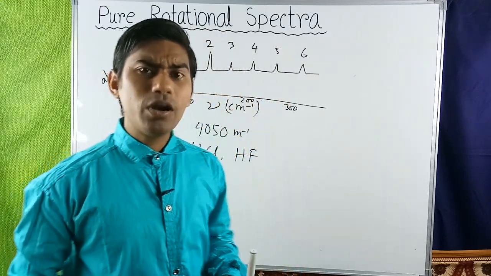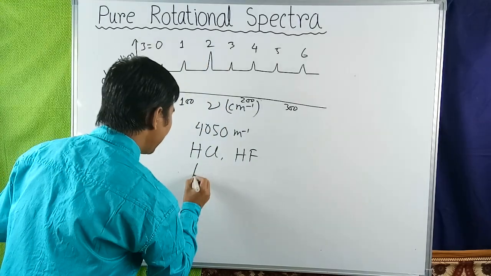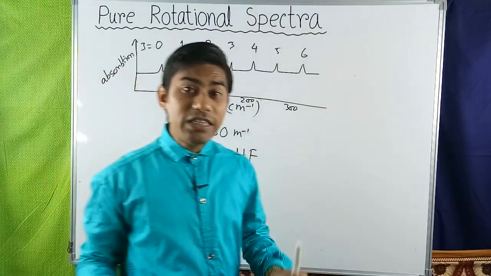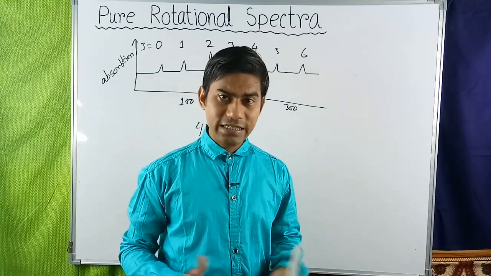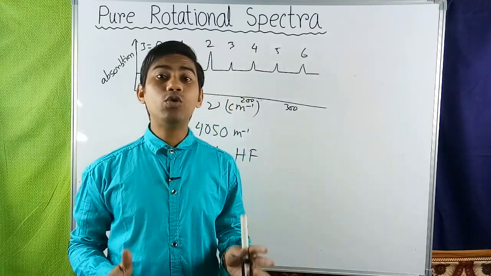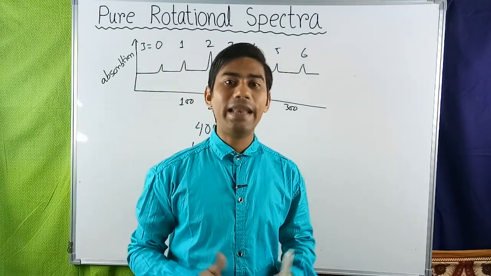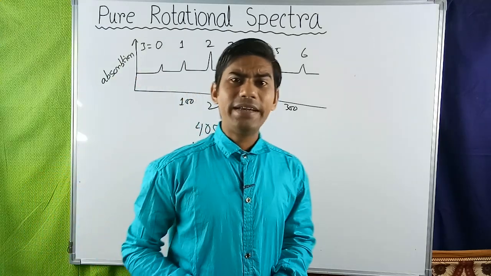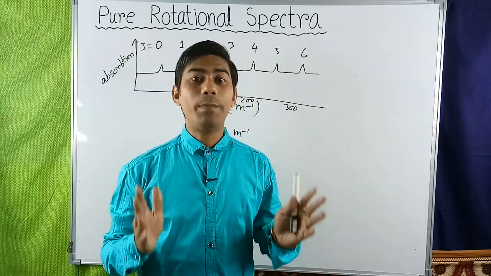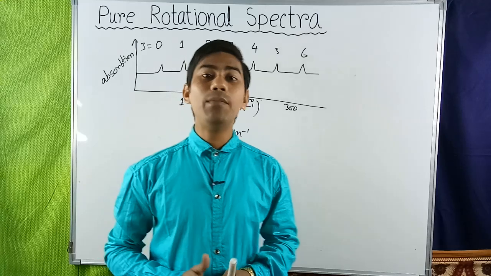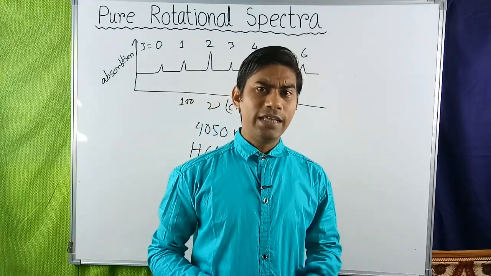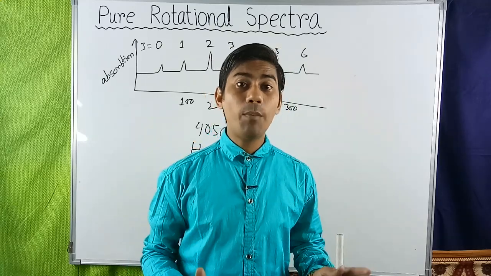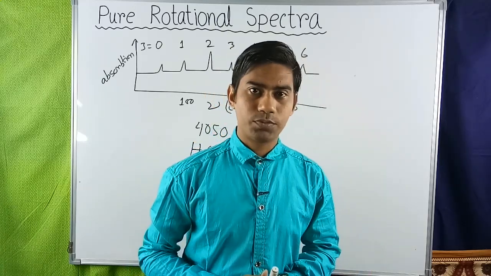In non-polar molecules like nitrogen, oxygen, etc., the centers of positive and negative charges are coincident, so they do not possess any permanent electric dipole moment. According to the electromagnetic theory, rotation of a dipole can lead to the emission of radiation. So there will be emission of radiation due to rotation of only polar molecules.